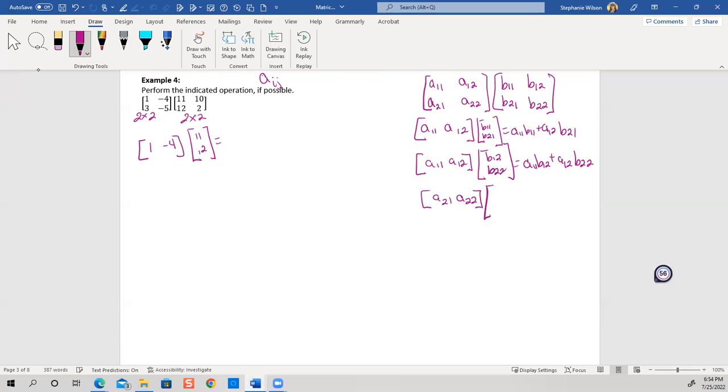And row 2 is going to be multiplied to column 1, excuse me. So we take row 2 times column 1, then we take it times column 2. All right, I got ahead of myself. That's okay.